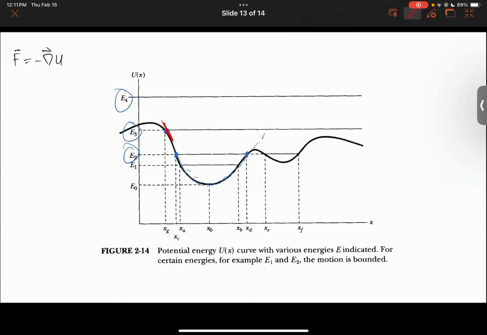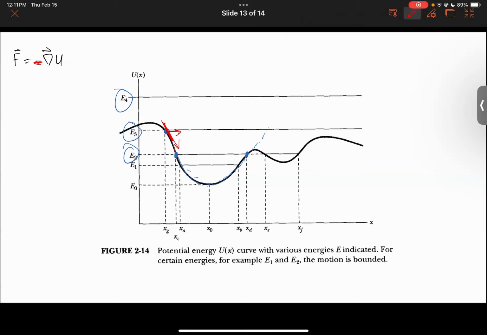Pero may negative sign ka pa dito, so which means na yung force dito ay positive. So ang gagawin ng force is ipupull niya towards the positive x-axis yung object. So yan yung force nyo ngayon.